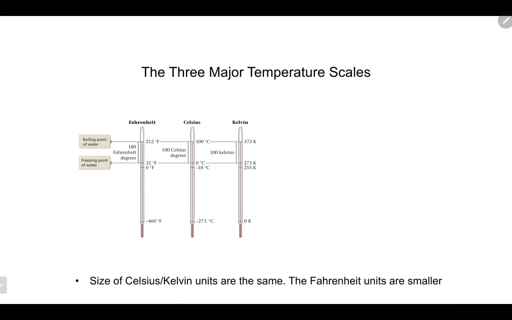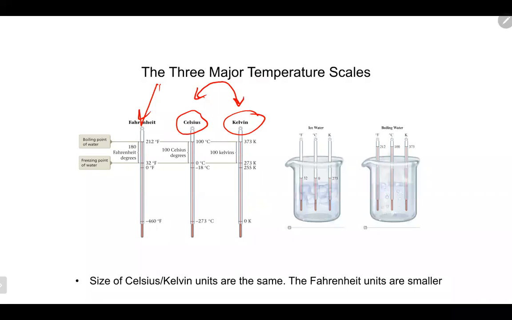Those give us our conversions to go between them. I would say Celsius and Kelvin we see a lot, probably outside of chapter 2, and we're not going to see too much of Fahrenheit. As we'll talk about in just a second, the conversion between those two is the one we do a lot. Most of the time, you're going to take it from Celsius to Kelvin. It's a super common conversion in chemistry.